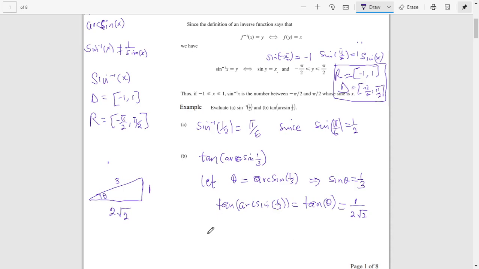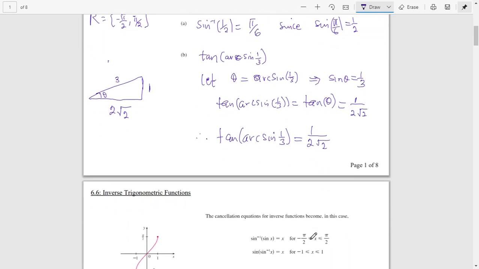So with this, I now have that the tangent of arcsine of 1/3 is equal to 1 over 2 root 2. And I got this without really knowing what arcsine of 1/3 is. I don't need to. You would need to do things like this later on when we start doing integration of trig functions.